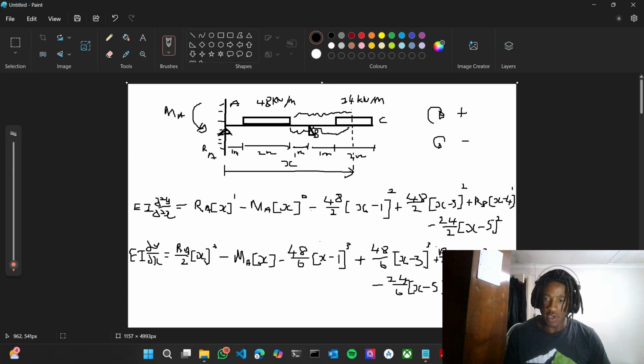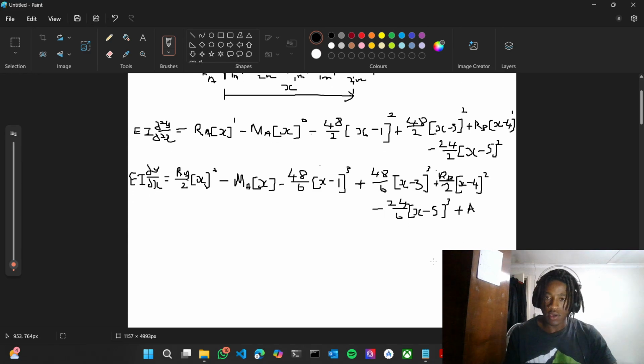Then you've got RB over 2 multiplied by x minus 4 squared, all the way to this one here, and you add your constant of integration. So let's do now the second integration, which will give us EI times y.